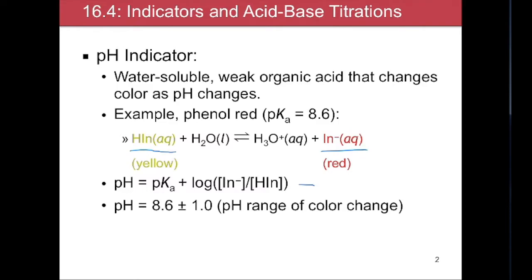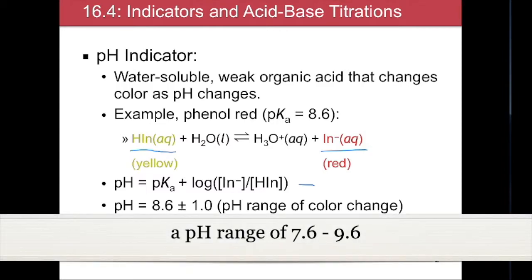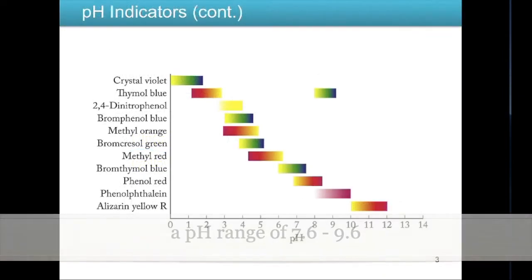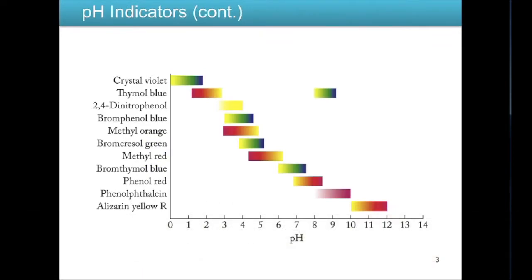Since the pKa of phenol red is 8.6, it's going to be a good indicator for titrations that have an endpoint of around 8.6, because a color change will occur between 7.6 and 10.6. As you can see on this slide, there are many different indicators all changing color over different pH ranges and changing color in different ways.